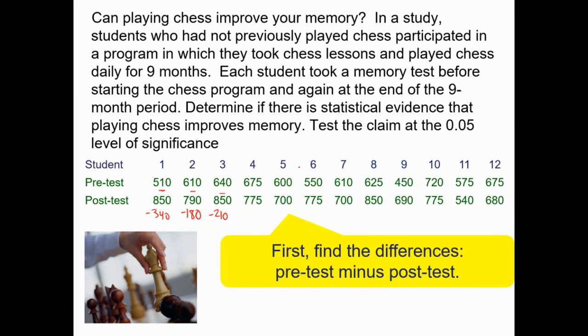And we just keep going through and doing that for every sample here. I'm going to save us time and say that's what you'll get and just put the row up there.